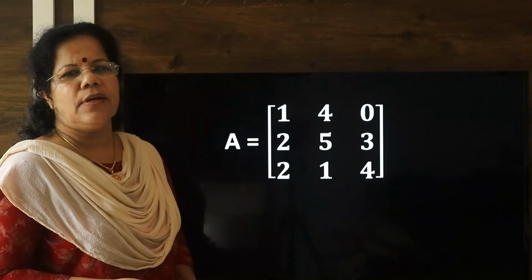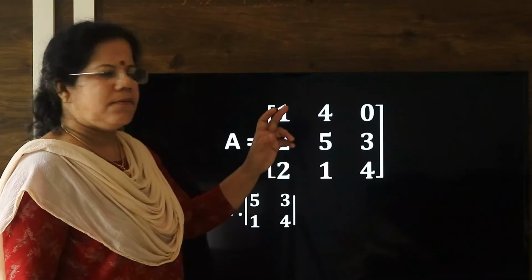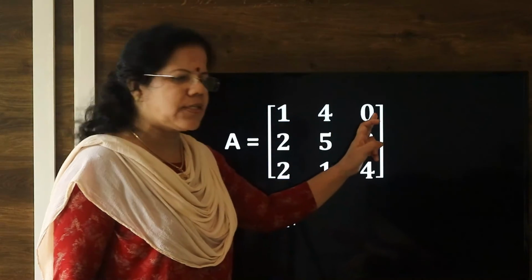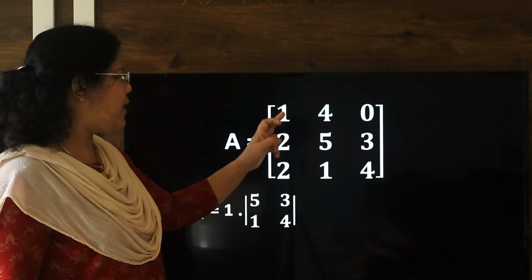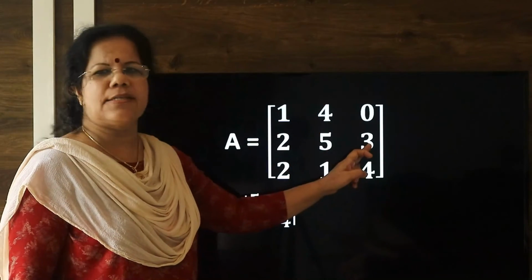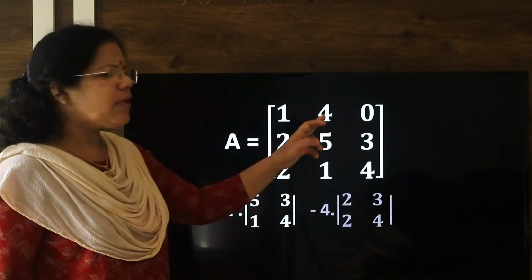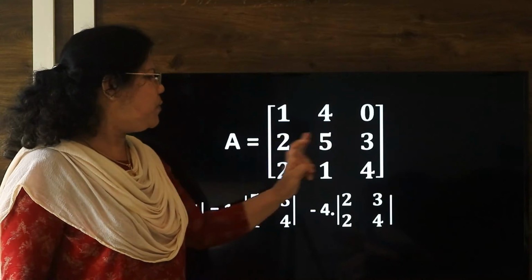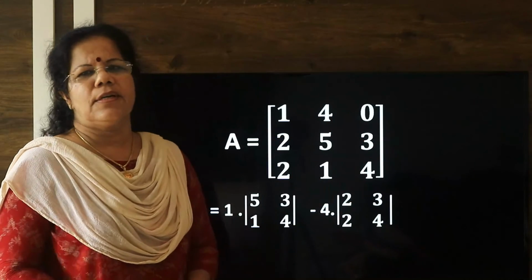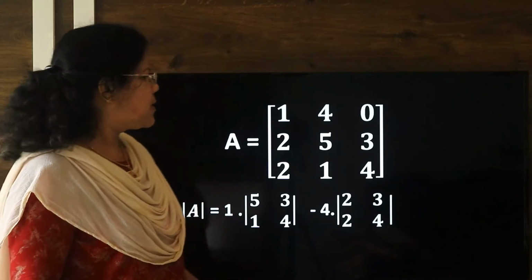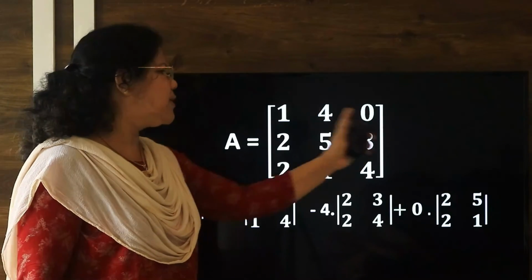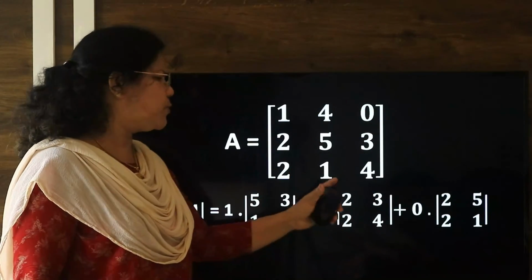Determinant A is equal to, if we expand along the first row, 1 into (20 minus 3), that is 1 into 17, next, minus 4 into the determinant 2, 3, 2, 4, then plus 0 into the determinant after deleting that row and column, 2, 5, 2, 1.